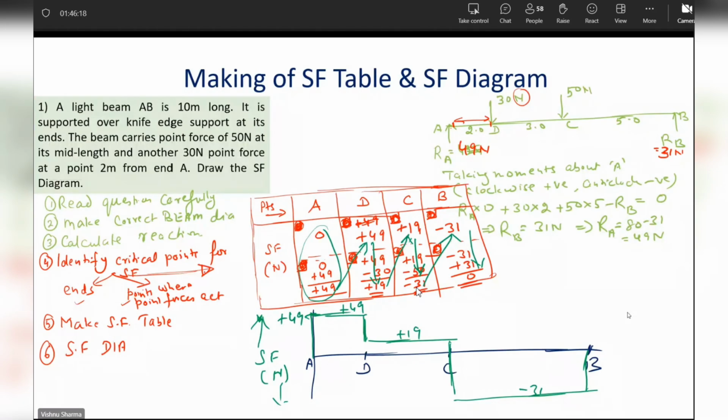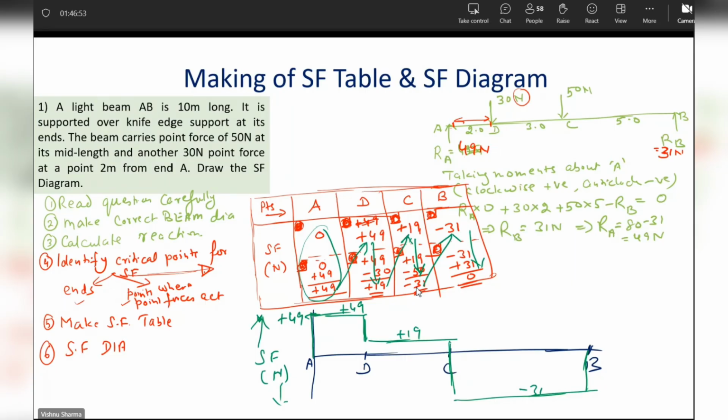Yes, sir. Let me know if there are any questions on the SF diagram before we take some more questions. Now, guys, the SF diagram is very, very important to be practiced, because we are going to use the SF diagram for BM purposes. If you make a mistake in the SF diagram, then your BM is bound to be wrong.